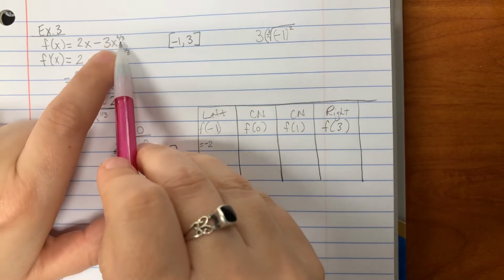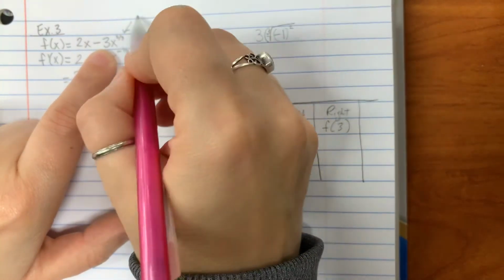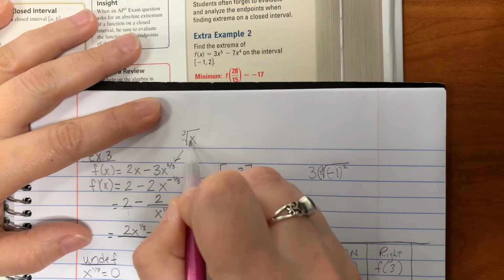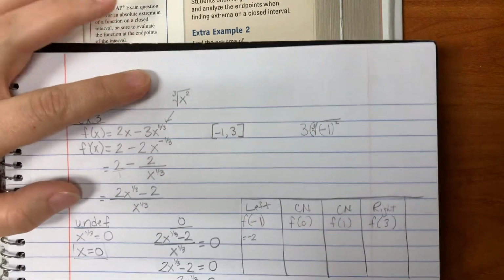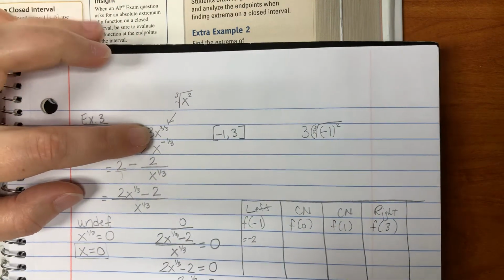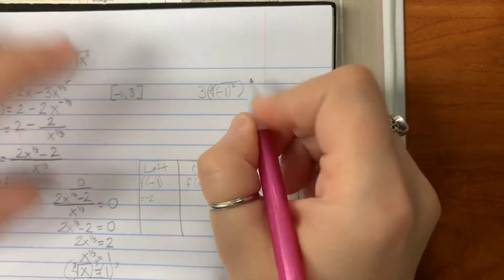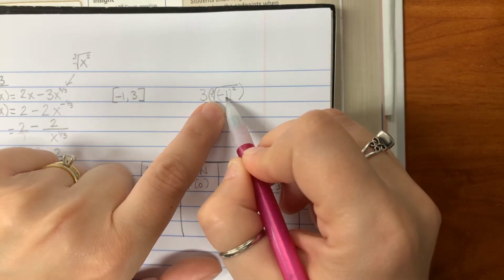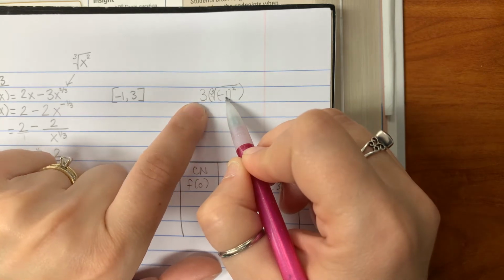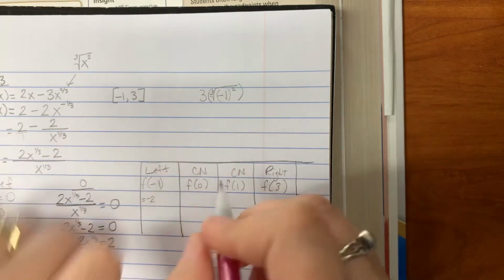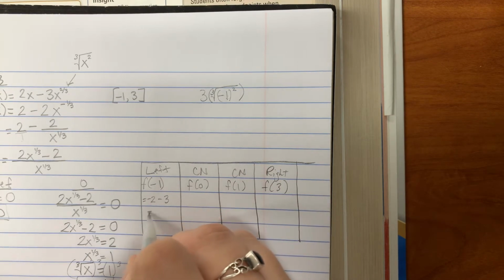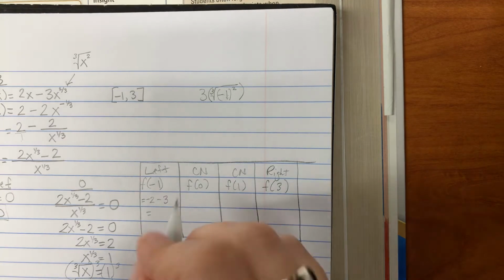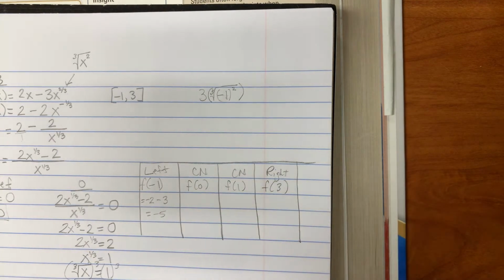So to the 2/3 power, this right here is the same thing as the cube root of x squared. So don't forget that little rule. Okay, so now I'm going to take -1 and square it. That gives me 1. And then I'm going to cube root that. I still get 1. So this is really just going to be 3 times 1, which is 3. So I'm going to minus 3 from that. Okay, so that means I'm going to end up with -5 for that one.